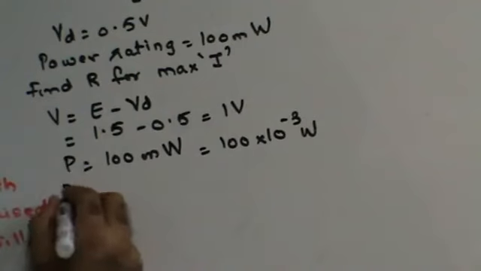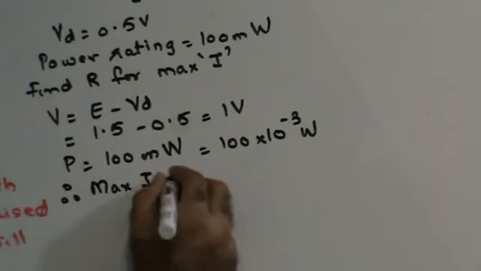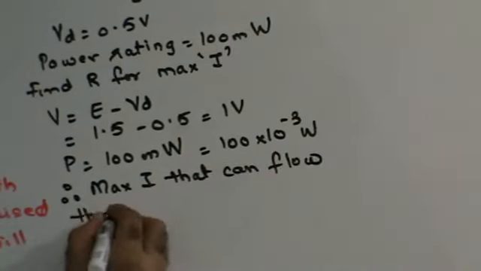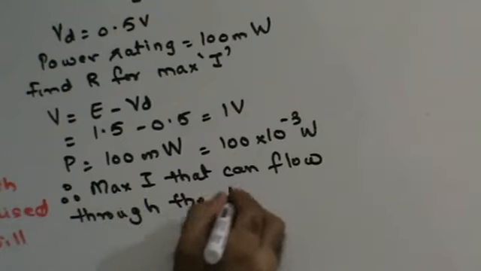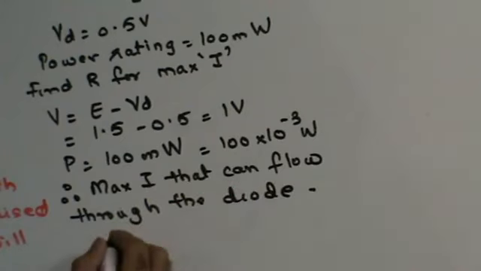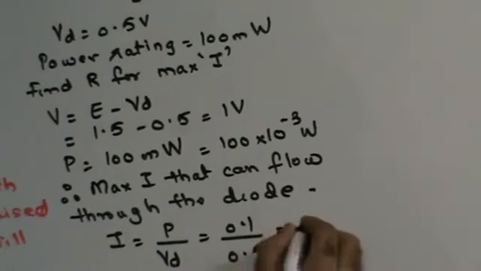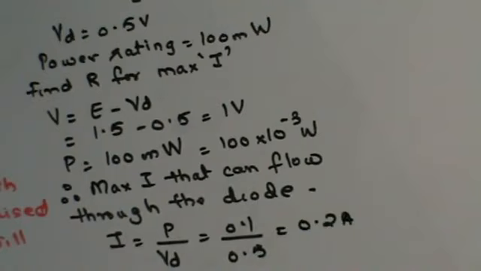Therefore, the maximum current that can flow through the diode is power of the diode divided by the potential drop of the diode, because P is VI. So that's 0.1 upon 0.5, which is 0.2 amps, that's my max current.